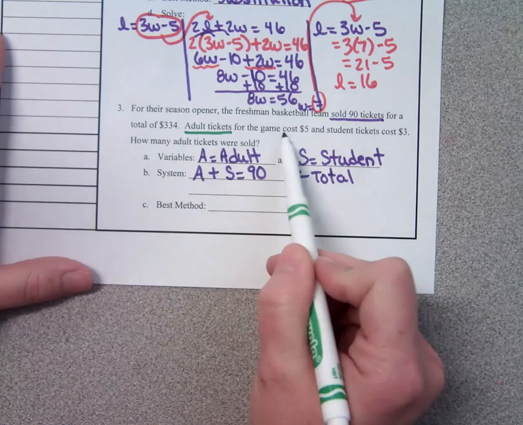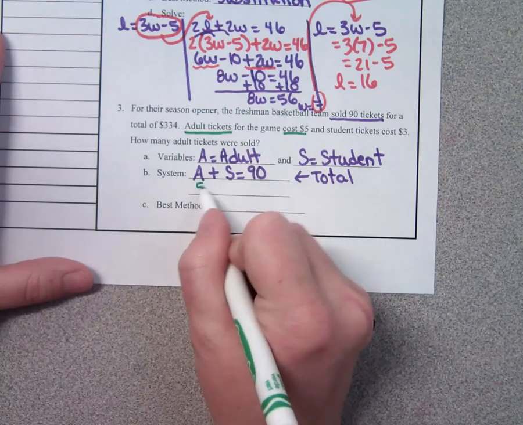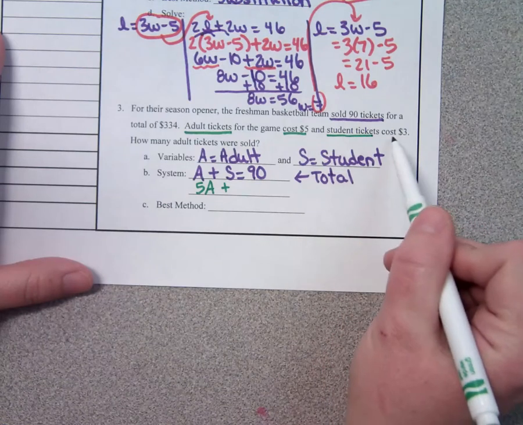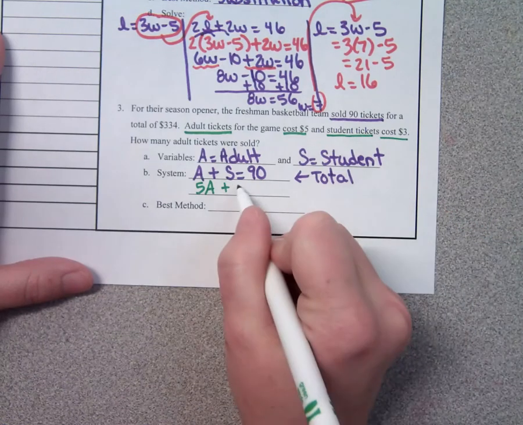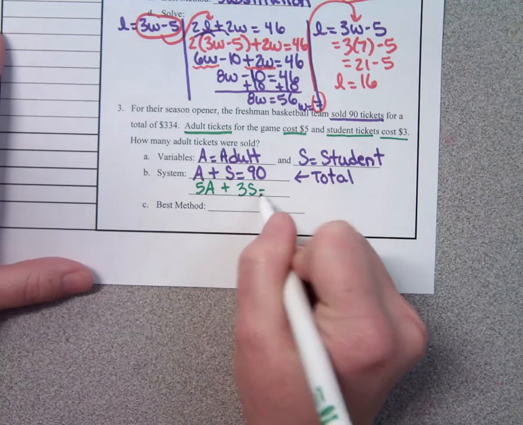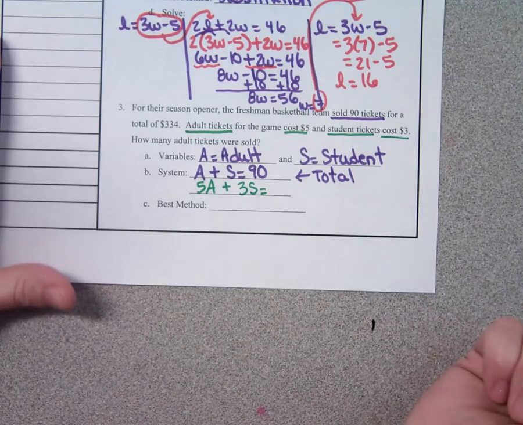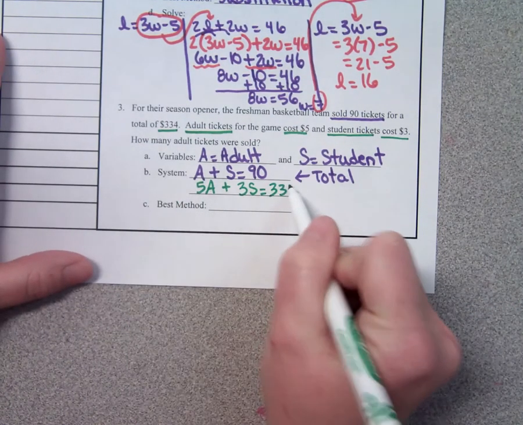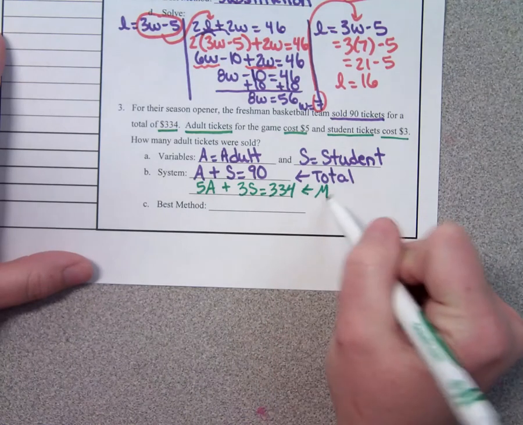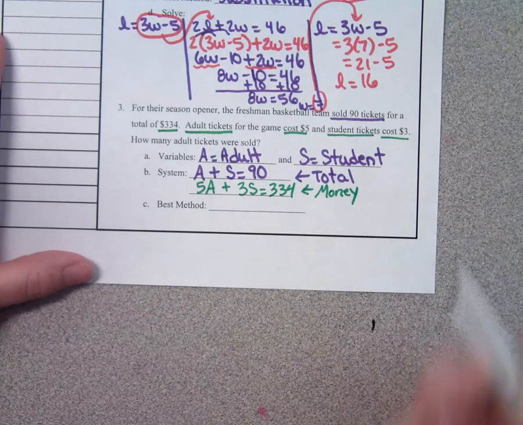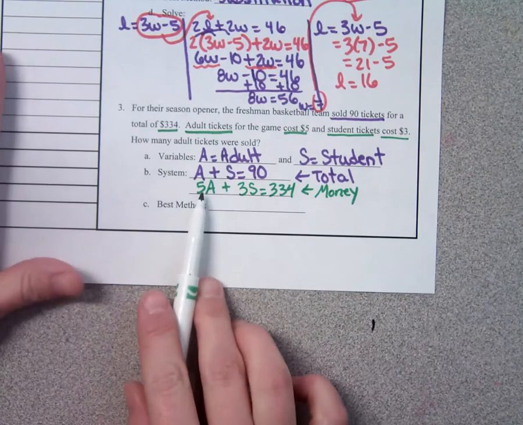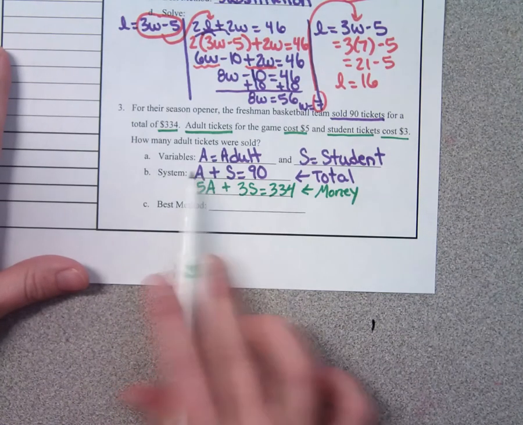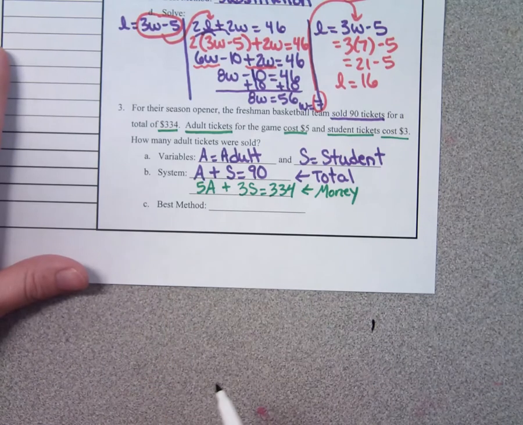The adult tickets cost $5, so that would be 5A, plus student tickets, those cost $3, so that would be 3S. And how much money did they make total? $334. This is the money equation. Cha-ching! How much for adult tickets, how much for students, how much total money. This is just a total number of tickets up here.